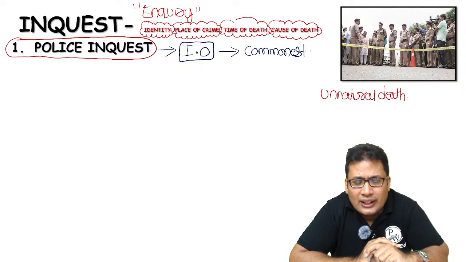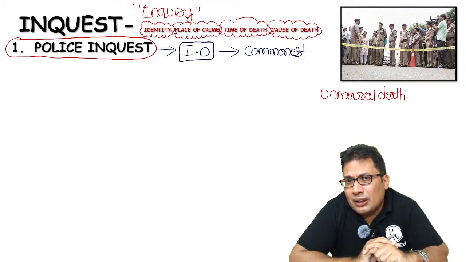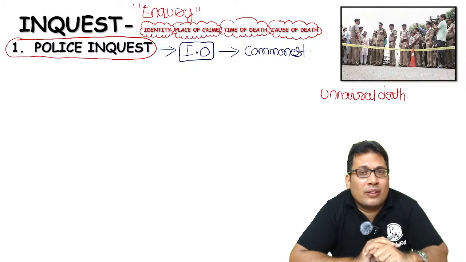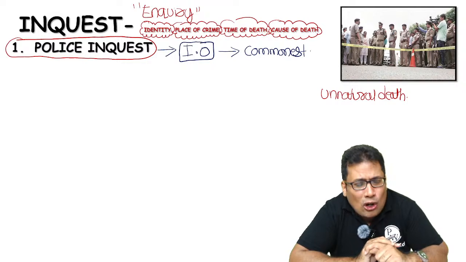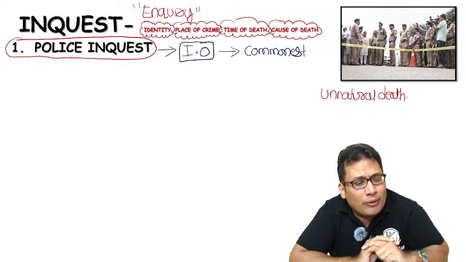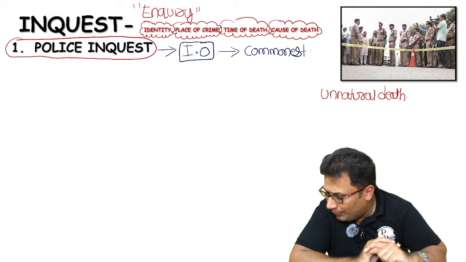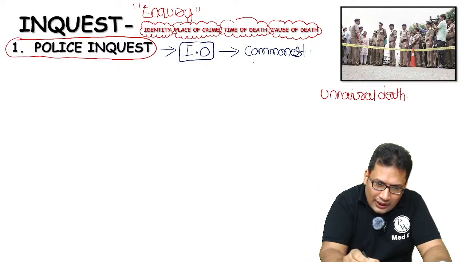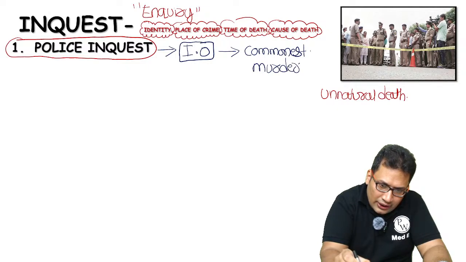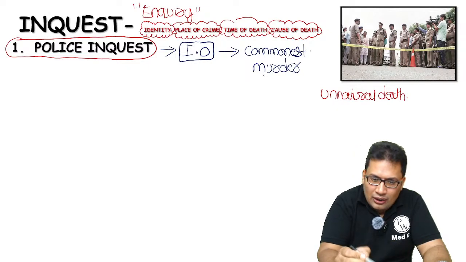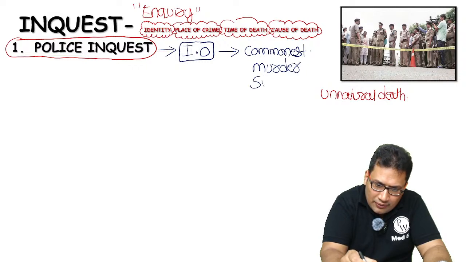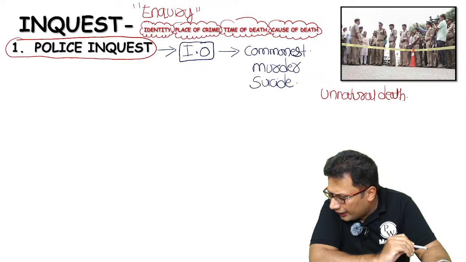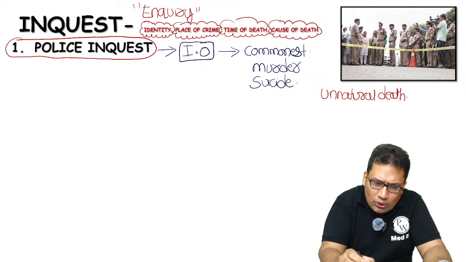The police inquest basically, we call it as Panchanama. It is about the circumstances of the particular death or unnatural death. It is the commonest one. Can you give one example for police inquest? Anybody? Murder. Okay, very good. A case of murder. Good answer. Or sometime case of suicide. Or one more common, guys, road traffic accident.